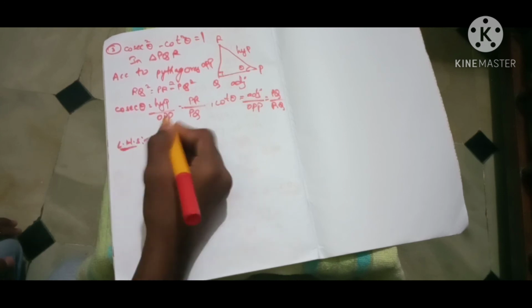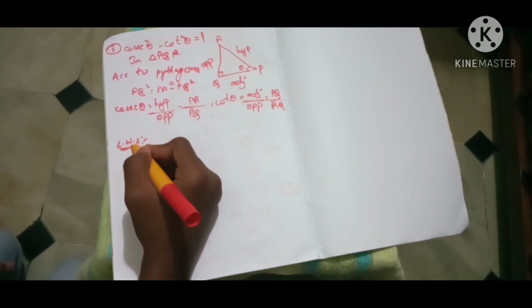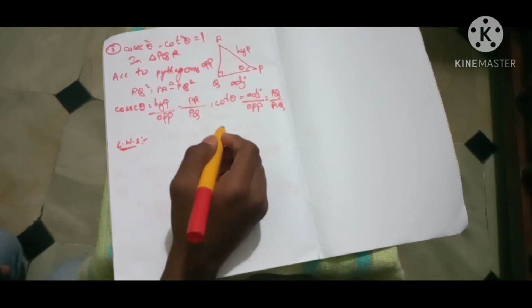LHS means left hand side and RHS means right hand side.